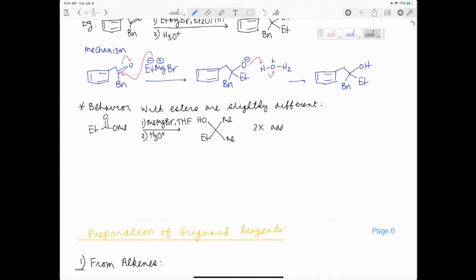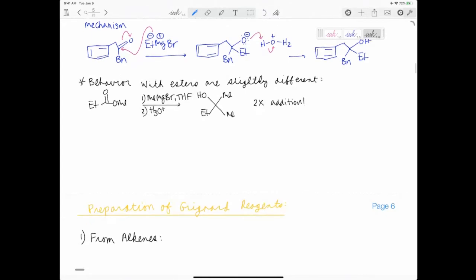Well, let's look at the mechanism. We start off with this. Methyl magnesium bromide, again, is going to be a nucleophile, which attacks the electrophilic center and gets me this here.